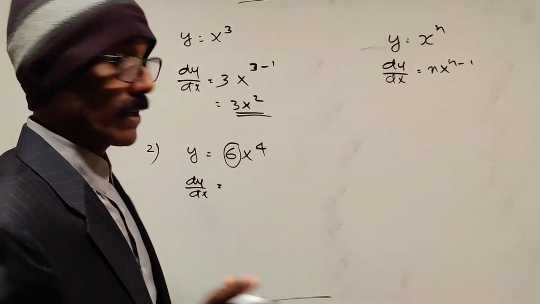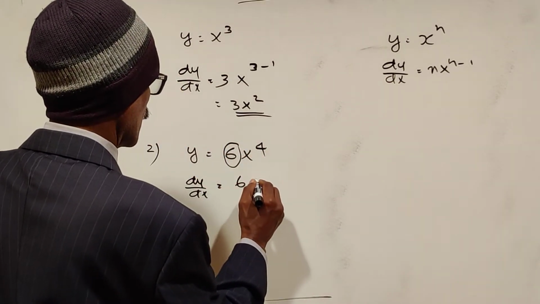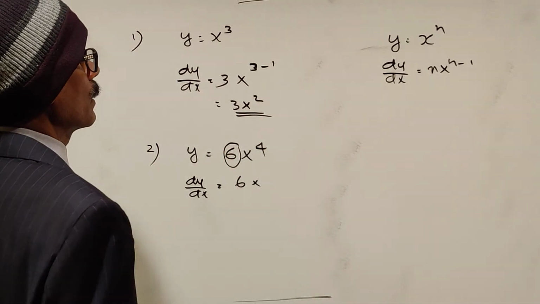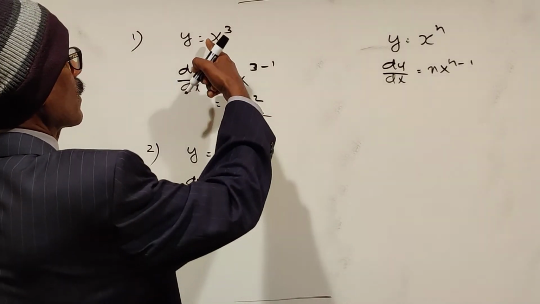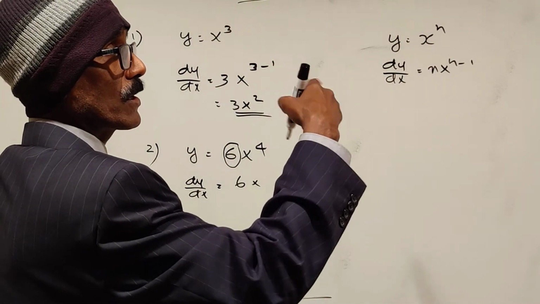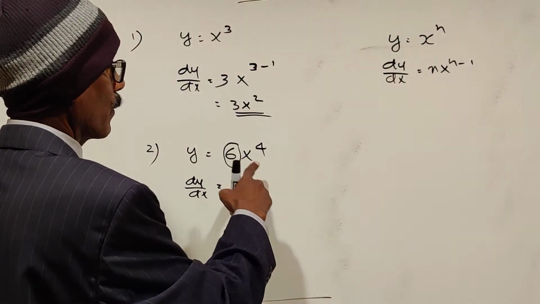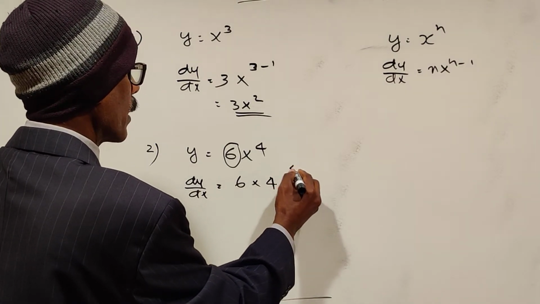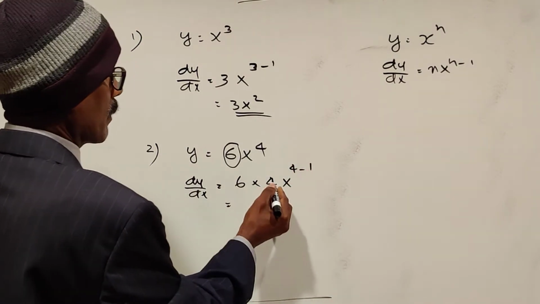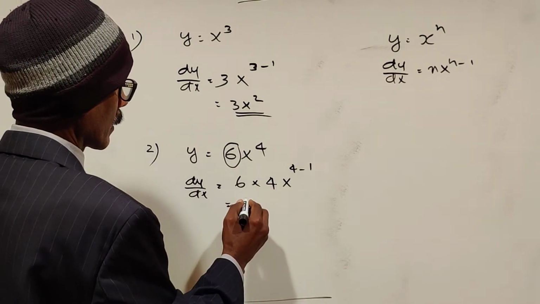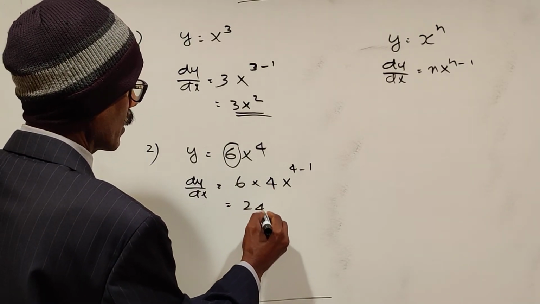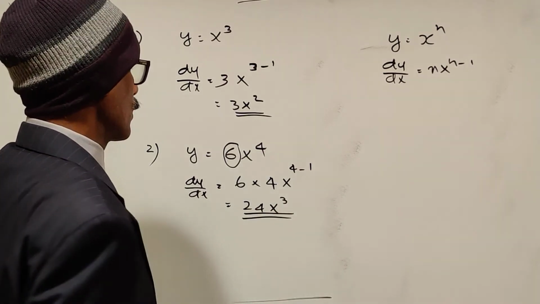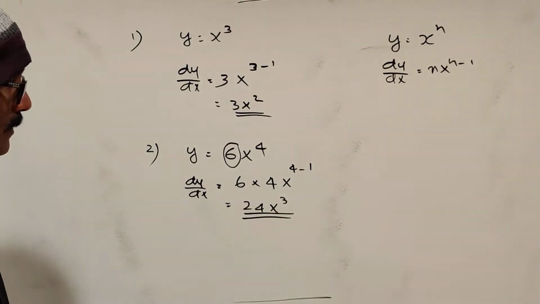You don't need to do anything. 6 into the derivative of x raised to 4, which is 4x raised to 4 minus 1, that is 4x cube. You can multiply 6 and 4: 24 x to the power 3.